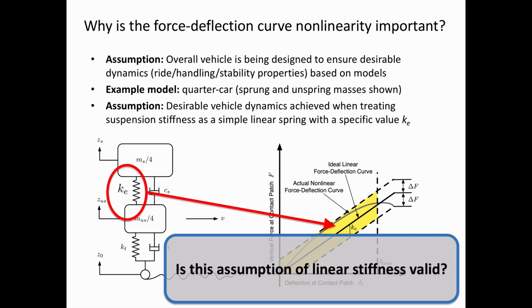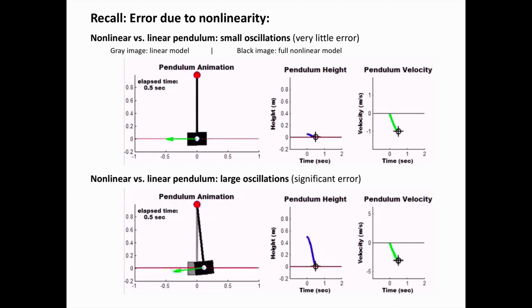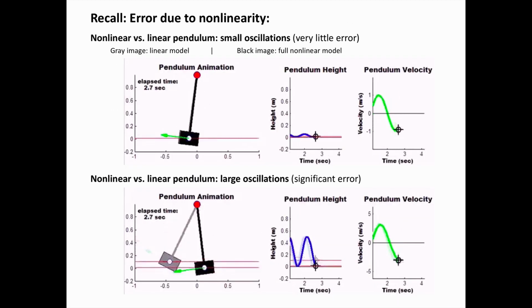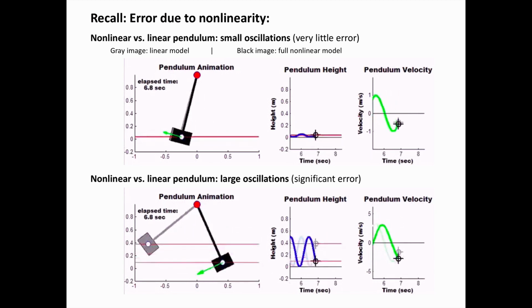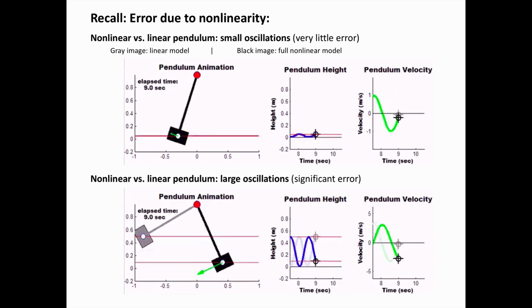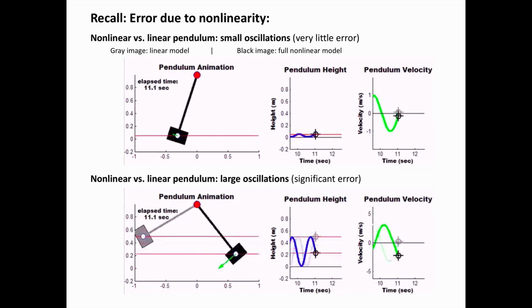You might recall earlier in the semester, we talked about the difference between linear and nonlinear dynamic models. One example we looked at was a simple pendulum, and this is a nice way of visualizing the error that can come from neglecting nonlinearities.